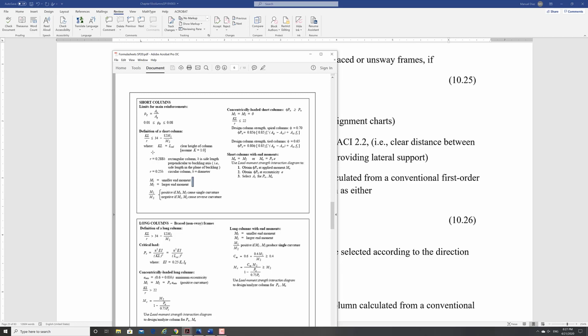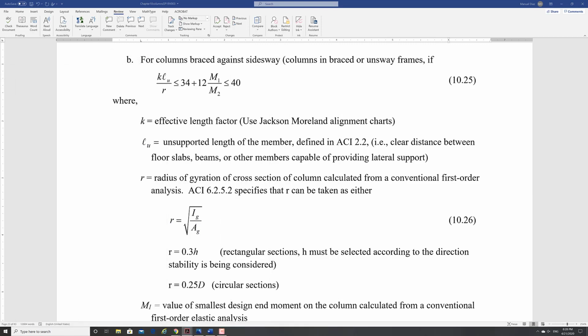So notice that for the FE exam, you are required to use 0.288h, okay? Which is a lot closer to the real number. The code allows you to use 0.3, okay? For rectangular sections. And it's a function of h.